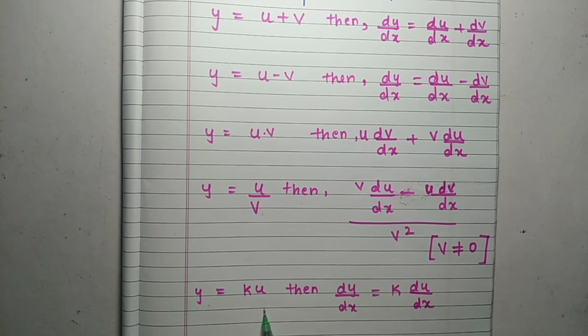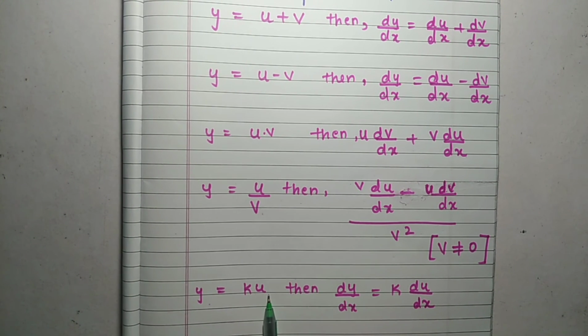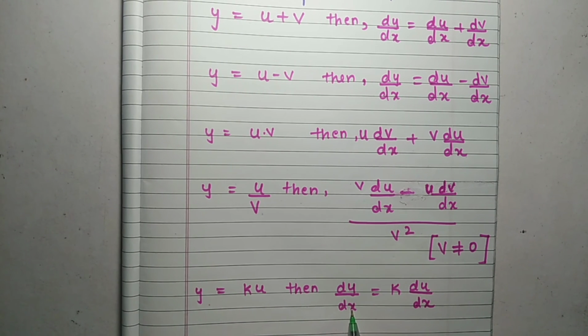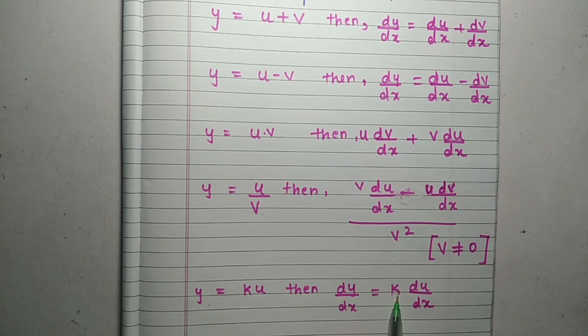Now the last formula is y is equal to ku, where k is a constant. Then dy by dx is equal to k, we keep this constant outside, and we differentiate the function of x, that is u, so k du by dx.